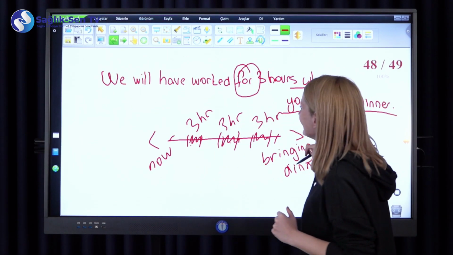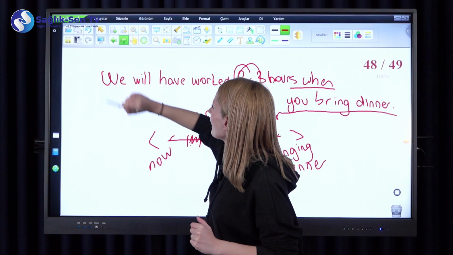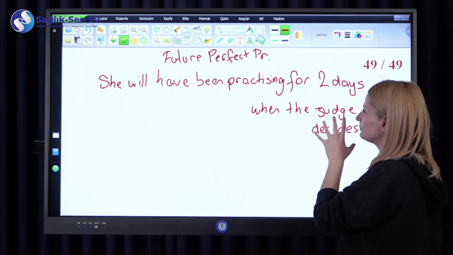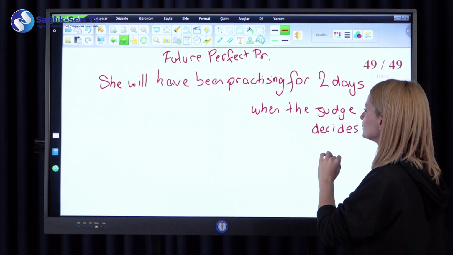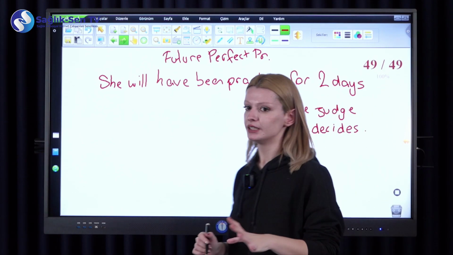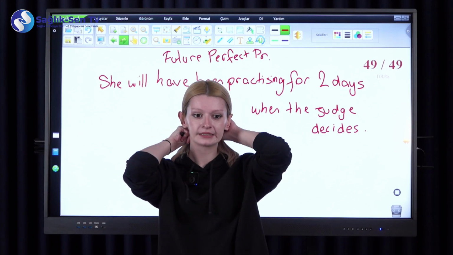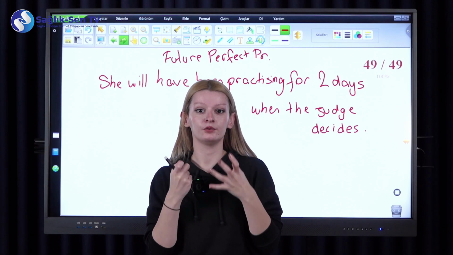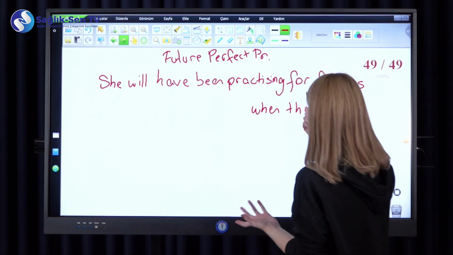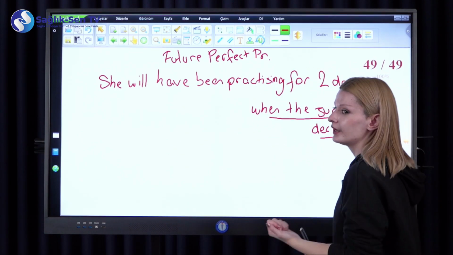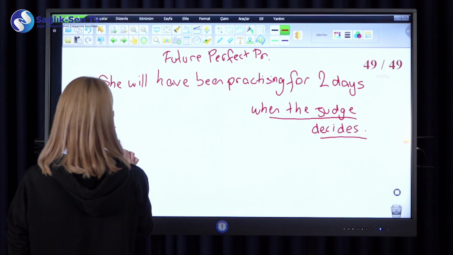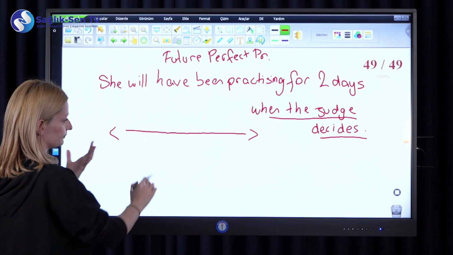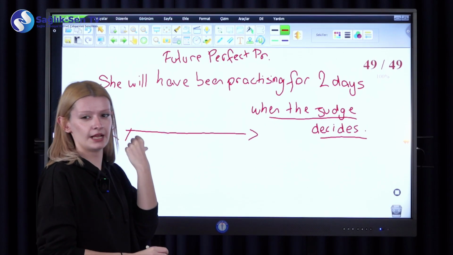The last example, never mind that. In this example, she will have been practicing for 2 days when the judge decides. This is a future perfect and it aligns time harmony with present tense. So it's here. But the different thing here is that it's progressive, like the last example.